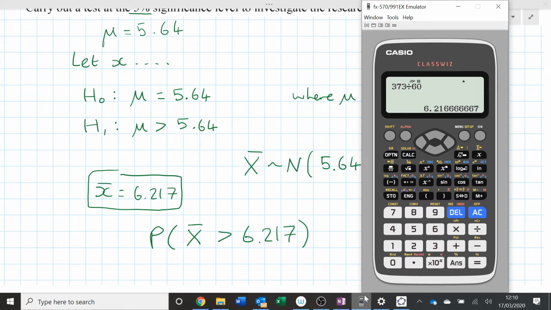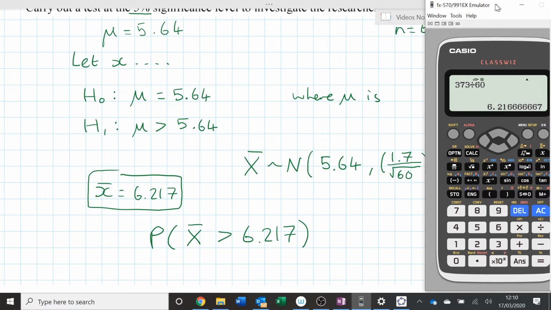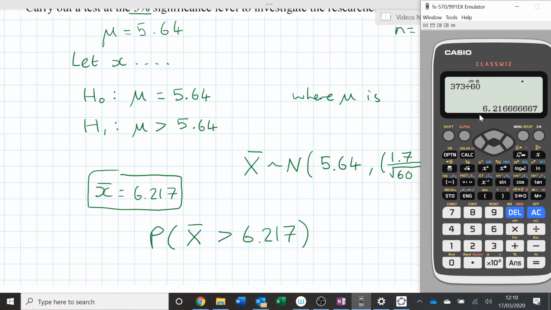So let's go to our calculator. I'm going to store this as A. Let's see if I actually remember to use it this time. I'm going to go to the normal distribution CD, we're doing a greater than, and I want it to be greater than 6.217. The upper is 9999999.